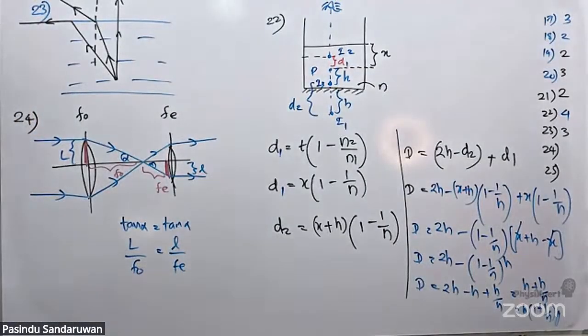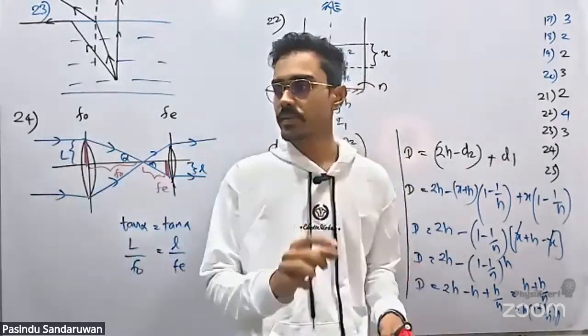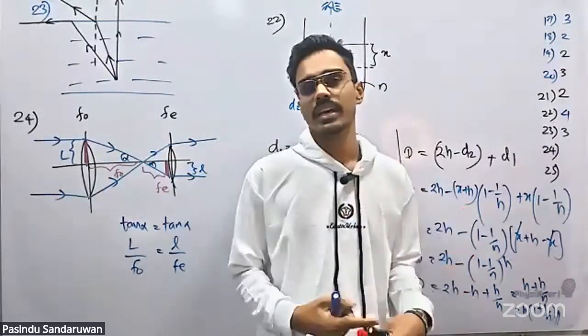Right? Then magnification is asked. So we know the magnification of an astronomical telescope is equal to fo over fe.